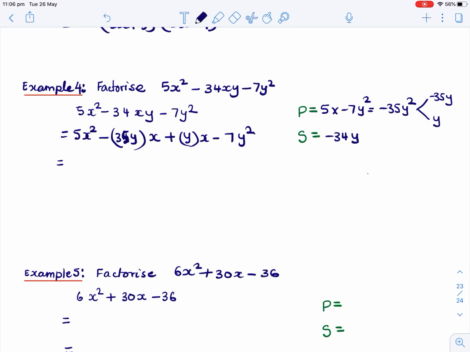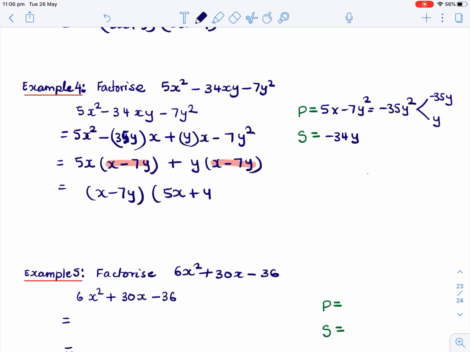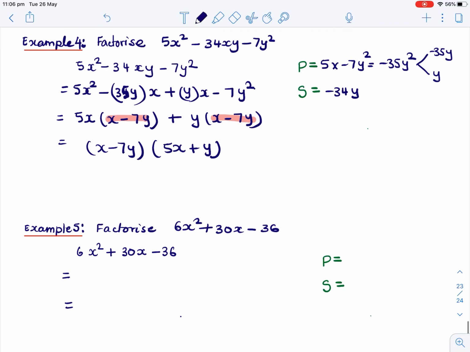Now the common from the first two terms is 5x. That gives you x minus 7y. And here common from the last two terms is y. That gives you x minus 7y. So now the common factor is x minus 7y, and we are left with 5x plus y.